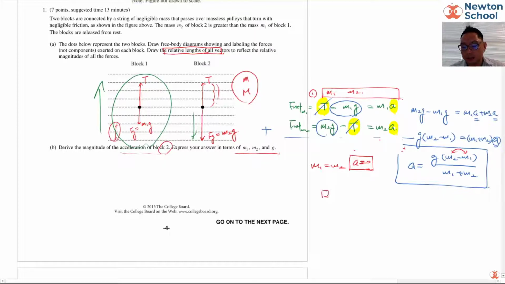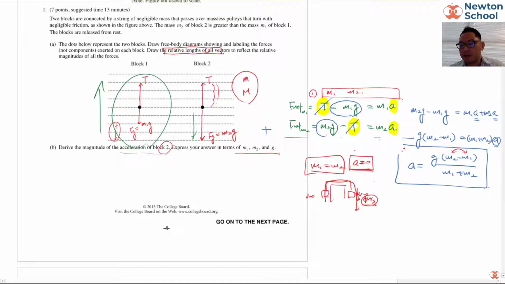So initially, if the velocity was 0, then it's not going to move. But if somehow I pushed it so the initial velocity was, say, 1 meter per second, then it'll just move at 1 meter per second without changing. So this tells you if M1 equals M2, your acceleration is 0, which means velocity does not change.